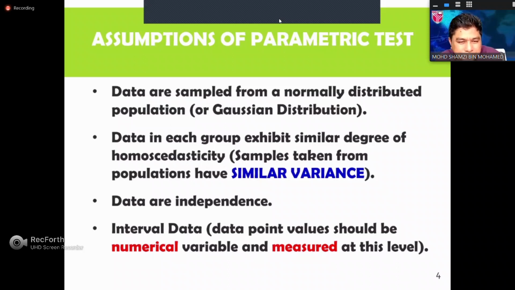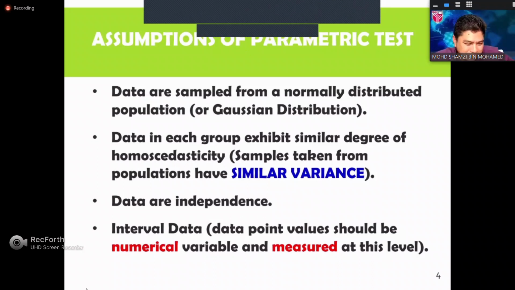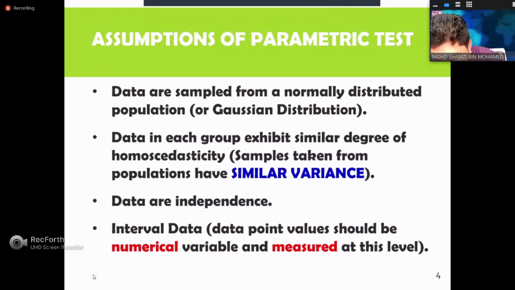So if data in each group exhibit a similar degree of homoscedasticity, it's just a fancy way of saying that the two samples you test must have similar variance.